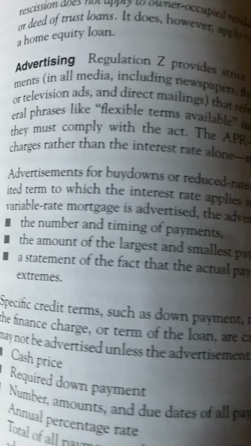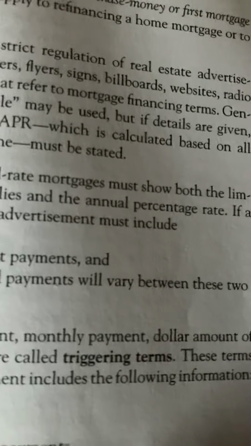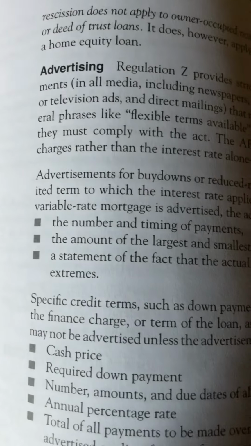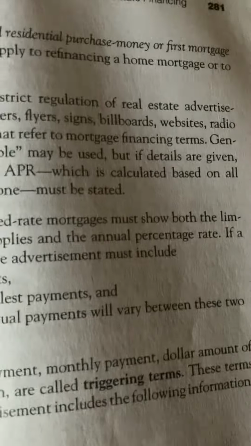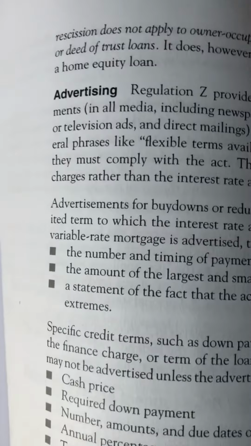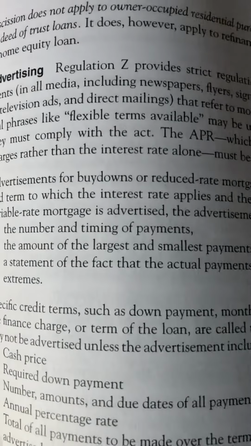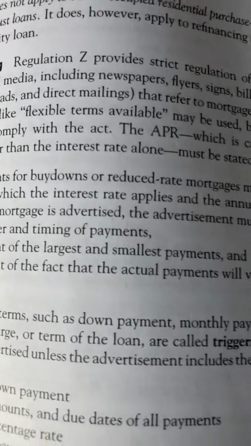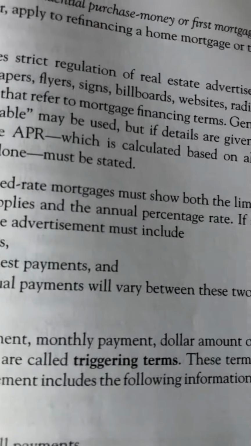Advertising. Regulation Z provides strict regulation of real estate advertisements in all media, including newspapers, flyers, signs, billboards, websites, radio or television ads, and direct mailings that refer to mortgage financing terms.